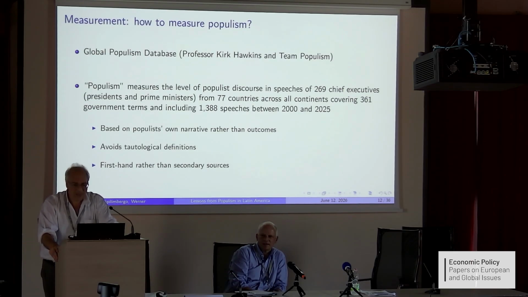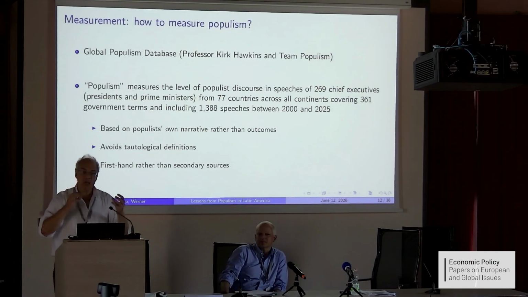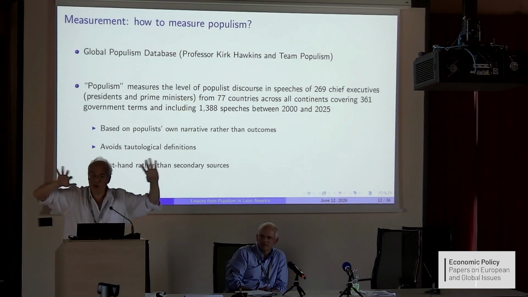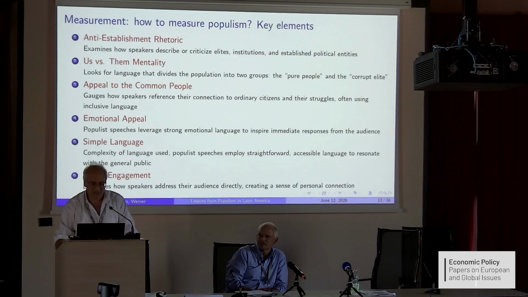They look at the speeches of all leaders and check for specific wording suggesting the ideology I was pushing before: that the world is divided into two antagonistic groups, and there is nothing else, so no checks and balances. They have a bunch of students, and they look at six categories.